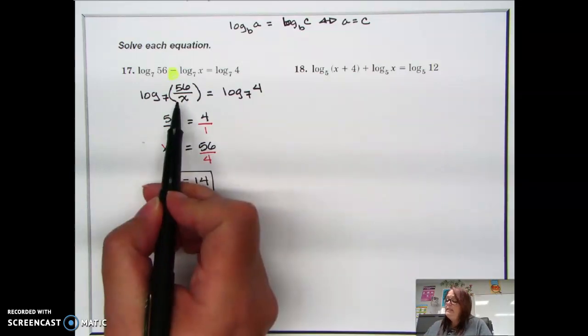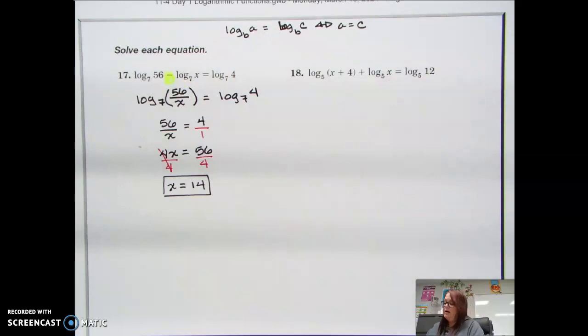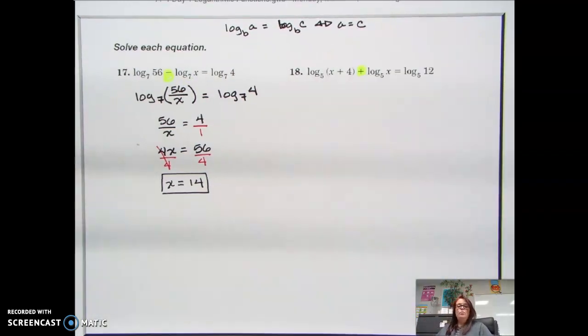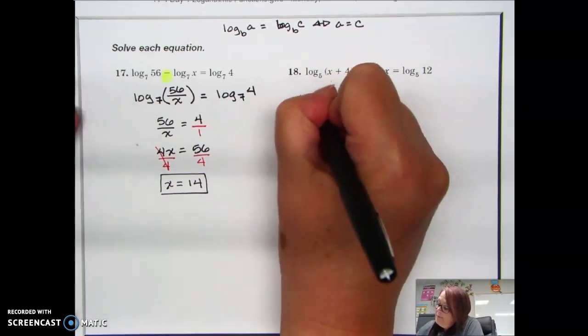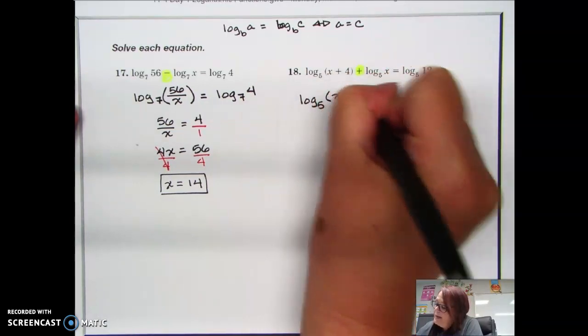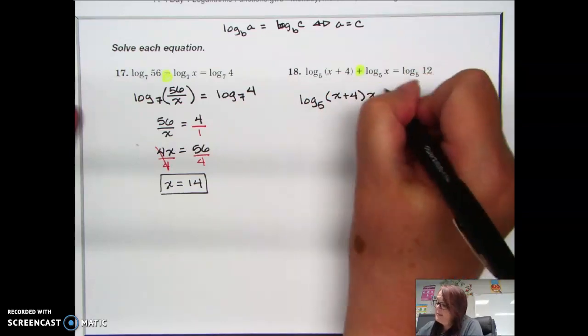So just like we did in this problem, I want to get it to be a single log equal to a single log. So the question is, when I'm adding my exponents, what am I doing to my numbers? Anytime I am multiplying two numbers with the same base, I add my exponents. So this is going to be x plus 4 times x.